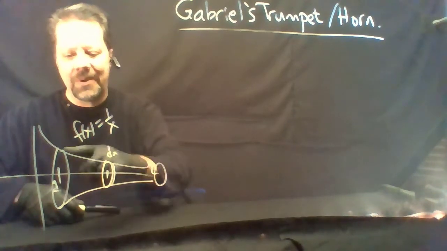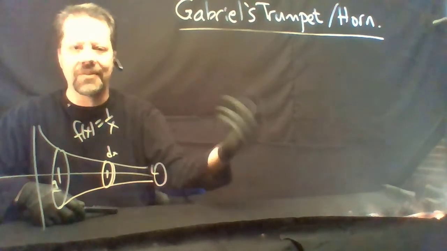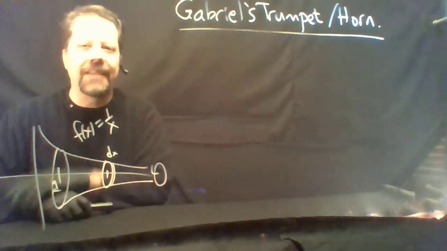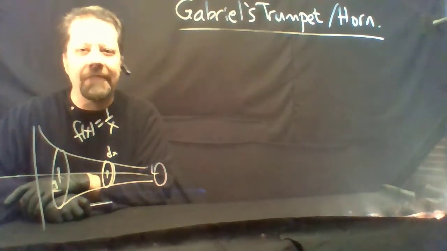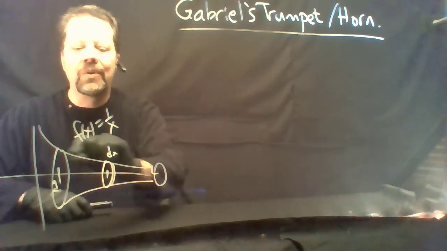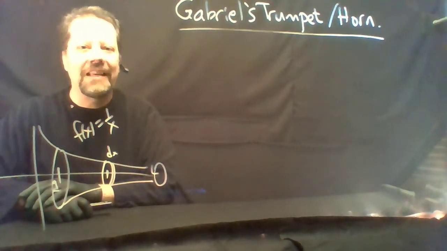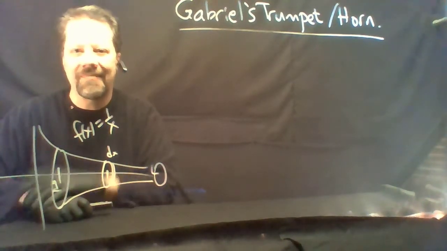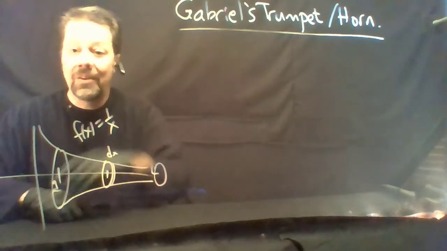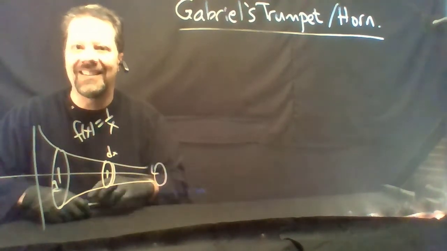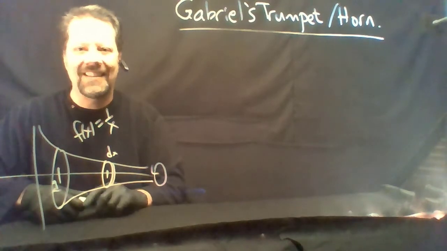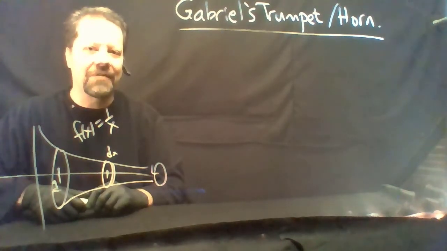But let's suppose that Gabriel has cleared out his horn and he wants to refinish it with gold leaf. He's going to put gold leaf all through the interior. How much gold leaf is required? In other words, what is the surface area of Gabriel's horn? Do you remember the surface area formula?